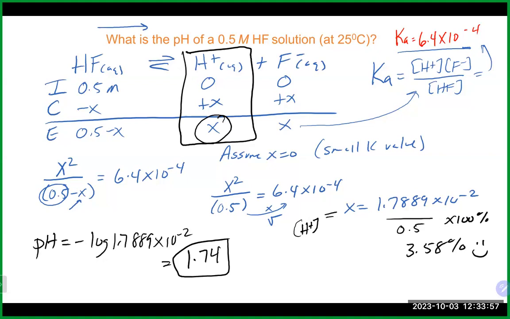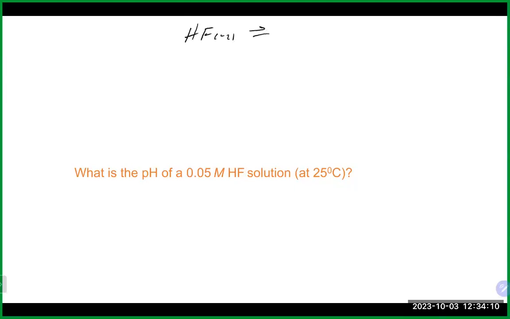All right. As we talked about, you definitely do want to check it. So for example, if we had really the same problem here, and we went through the same ice table as we just did, we would have initially 0.0500.